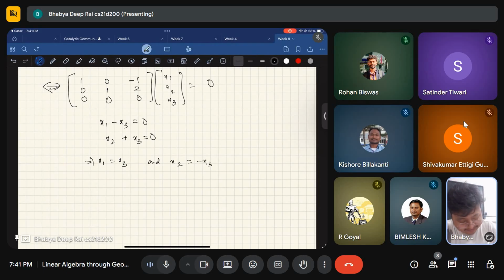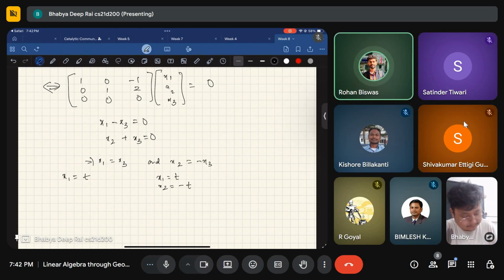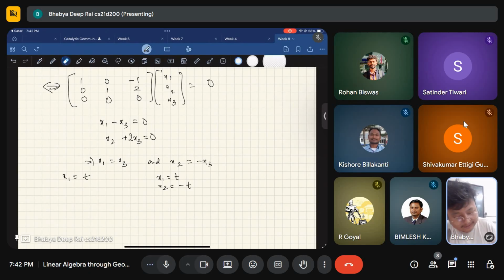So let's parameterize this. Let's say x1 equals s. Then x1 equals s, x2 equals minus s, or let's write t. Sir, it should be 2x3, na? x2 equal to minus 2x3. Yes, minus 2x3, that's correct, thanks. So x2 equals minus 2t and x3 equals t.